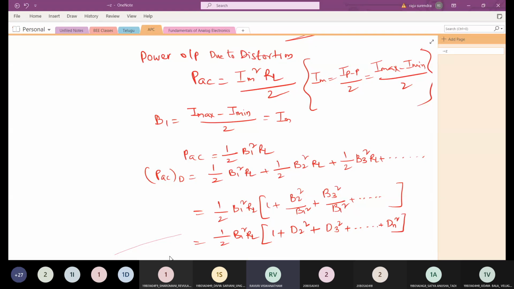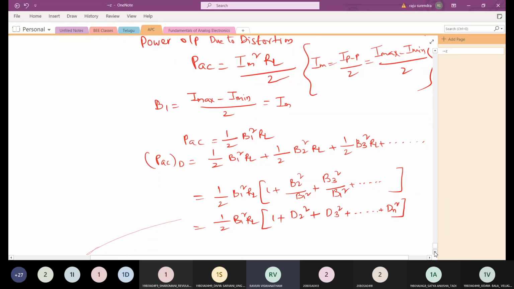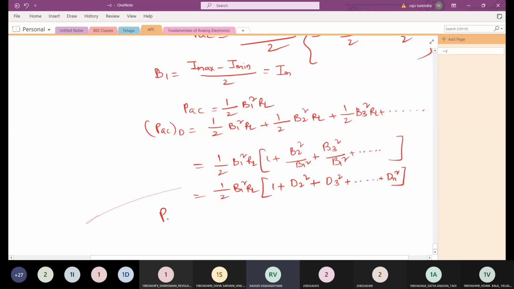So PAC with distortion is 1 by 2 B1 square RL, which is nothing but PAC multiplied by 1 plus D square. All of you understood?